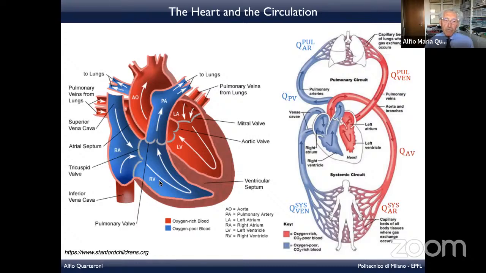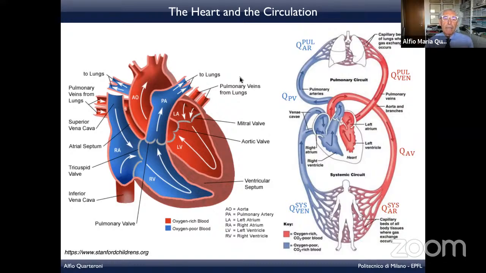Then it passes through this valve into the right ventricle, and then through this pulmonary valve, it enters the pulmonary artery. It goes to the lungs, where it releases the CO2 and other toxic substances, and it takes in oxygen, and then it returns to the heart.